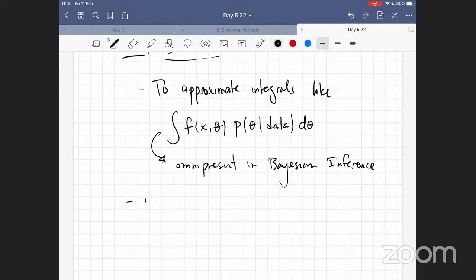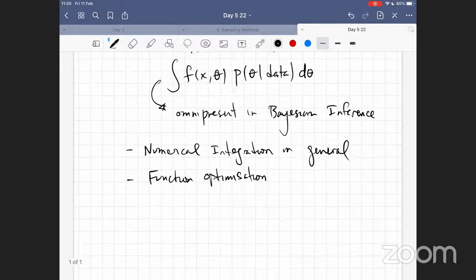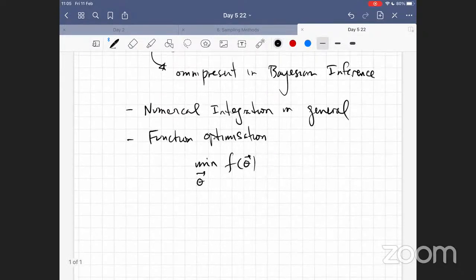You have numerical integration in general. And in particular, this applies to function optimization. Like I want to minimize a function with respect to some parameters, which is also important in the frequentist approach.